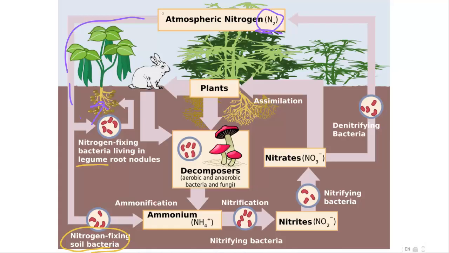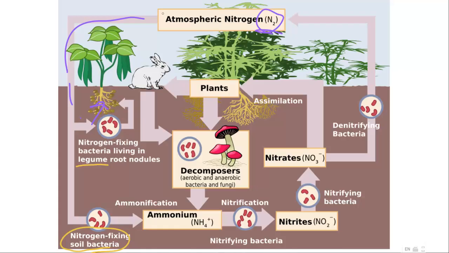Both of those macromolecules require nitrogen, if you remember from our first few lessons. So when the plants take up the nitrates, that nitrogen is used to make proteins and nucleic acids. The rabbit will assimilate the plants and use the nitrogen to make the rabbit's proteins and nucleic acids.